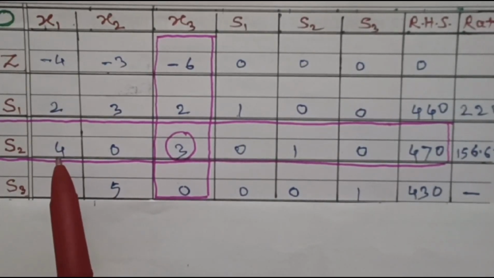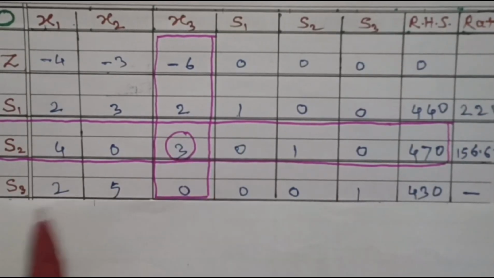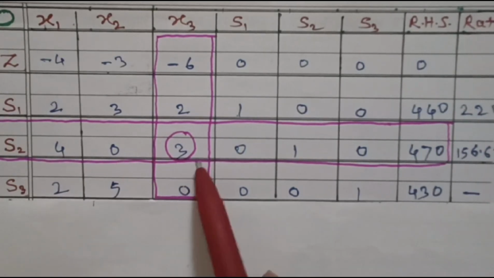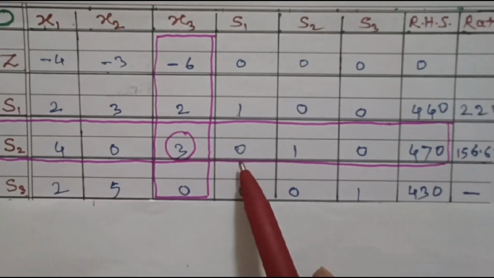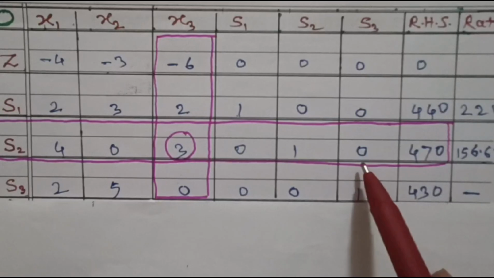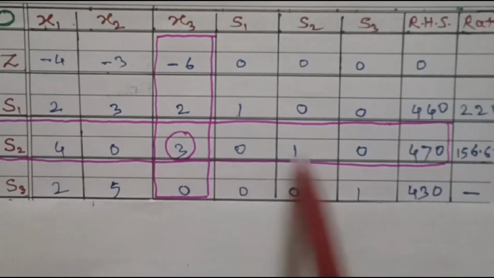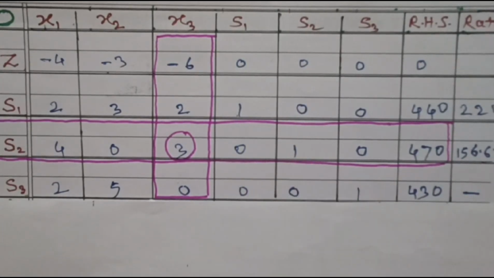Divide each element of this row by this key element, meaning in the first iteration there will be 4 divided by 3, 0 divided by 3, 3 divided by 3, 0 divided by 3, 1 divided by 3, 0 divided by 3 and 470 divided by 3. Okay, this row also, with a small change, we take in the first iteration.